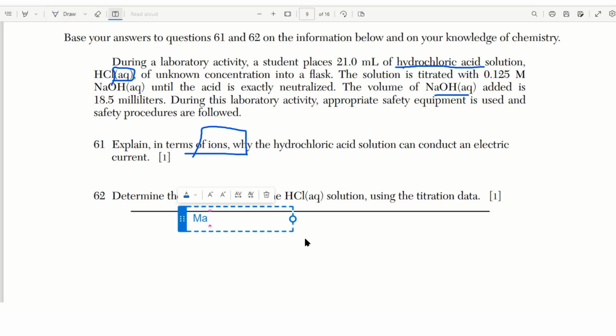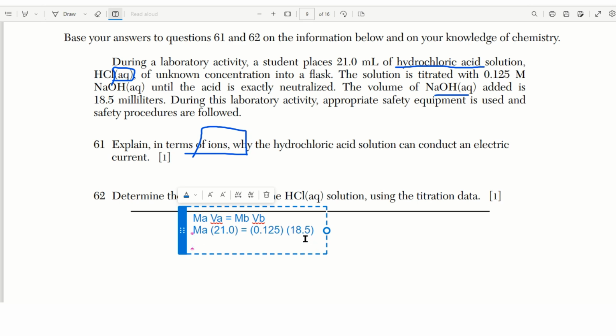So MA, I'm going to write them as lowercase, VA equals MBVB. Okay. So it says the unknown concentration of acid and the volume of the acid is 21.0 equals the molarity of the base. I see that 0.125 and the volume of the base is 18.5.